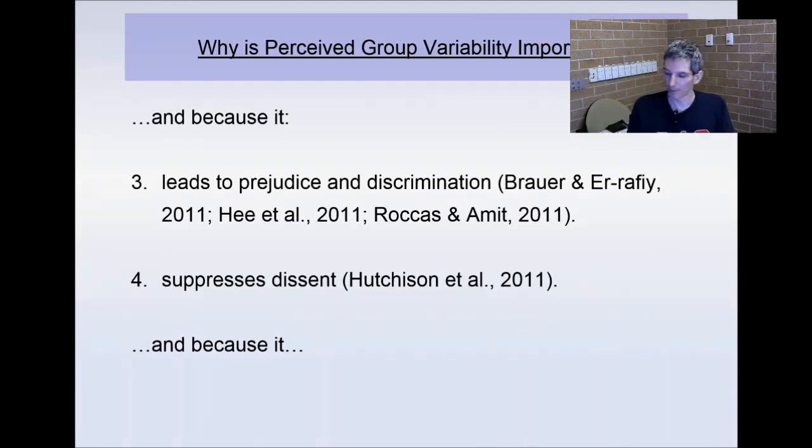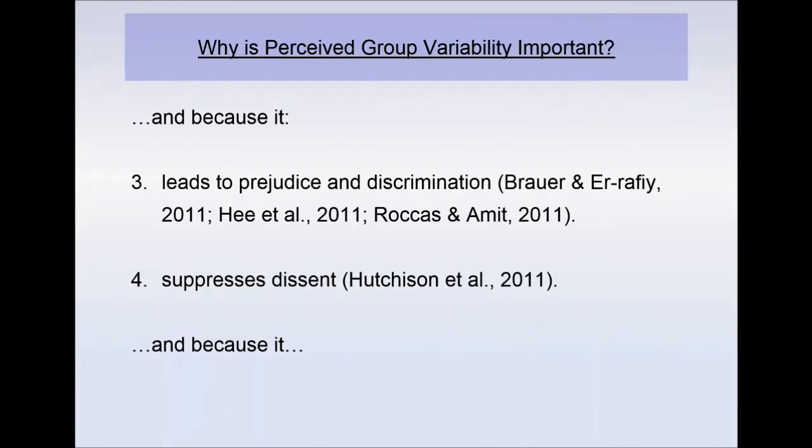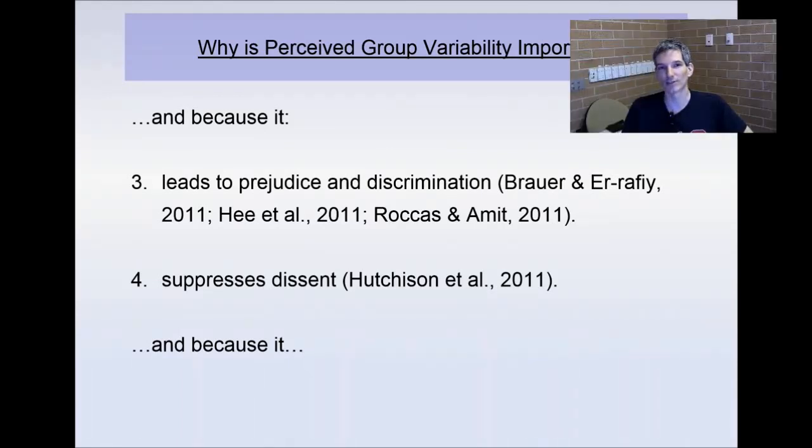Fourth, people are likely to react more negatively towards deviant group members who belong to homogeneous groups rather than to heterogeneous groups, because homogeneous groups do not allow much room for deviance amongst their members. So if you belong to a homogeneous group, then you're going to get singled out as someone who is not toeing the line, not conforming.